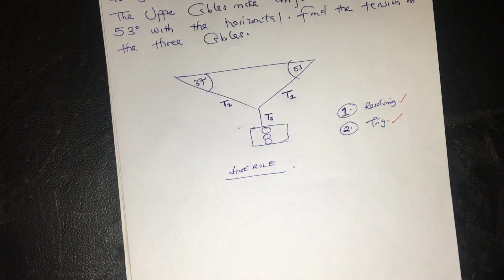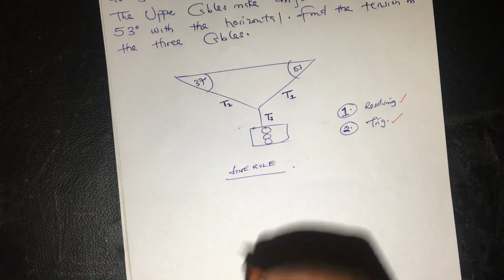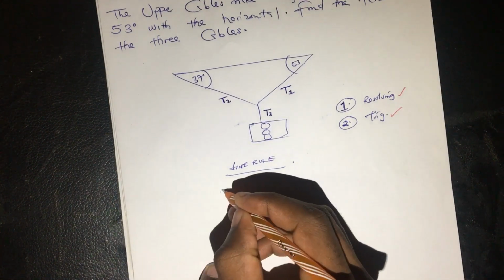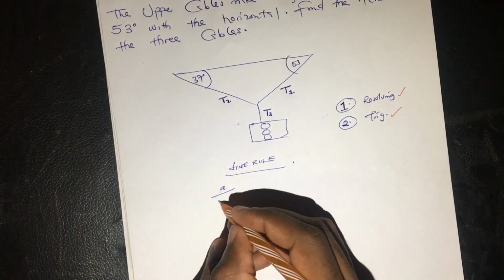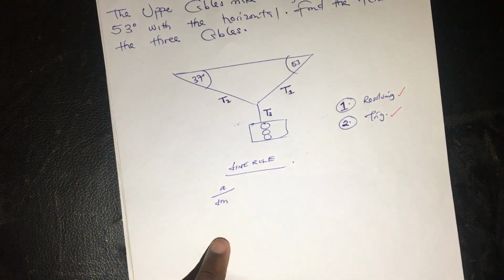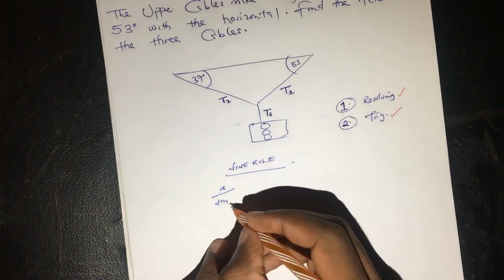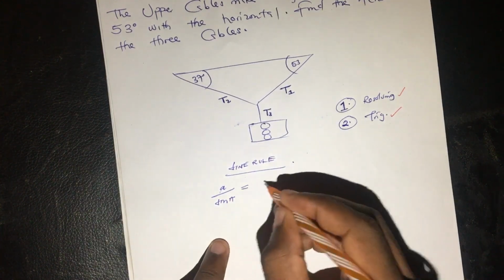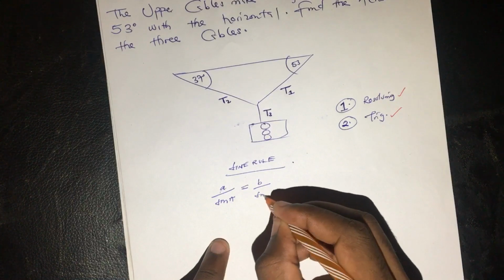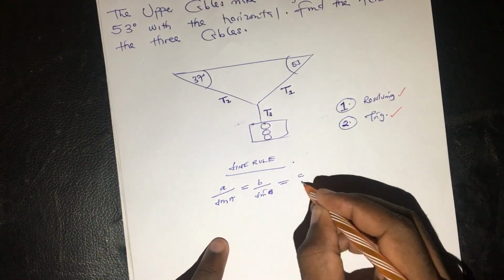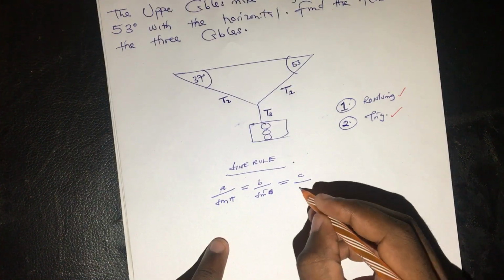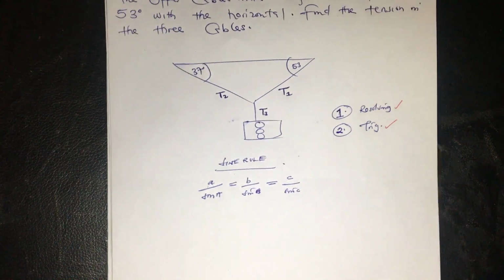From your grade 12, the sine law states that a over the corresponding angle of a is equal to b over the corresponding angle of b, which is equal to c over the corresponding angle of c.